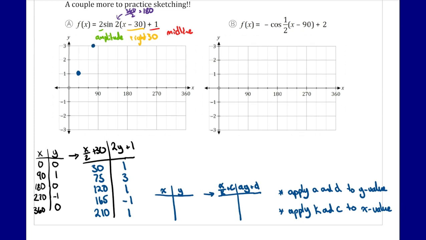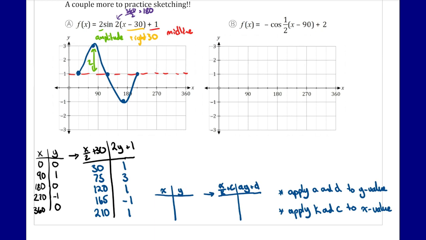Then 120 and 1, 165 and negative 1, and 210 and 1. So this is my sine wave based off of my key points. And if I look at this, I can see my midline, which is positive 1. I can see the amplitude, which is 2.